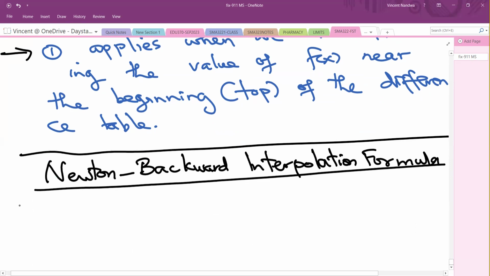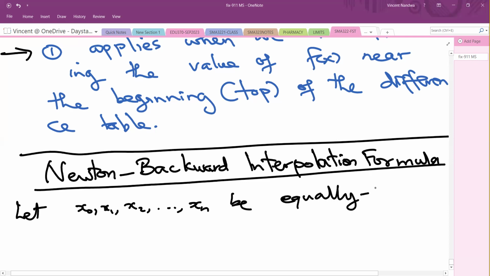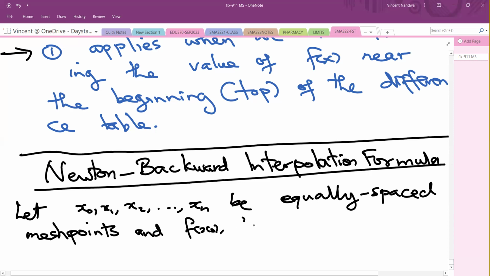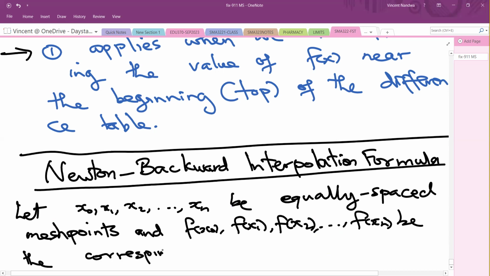Let x naught, x1, x2, up to xn be equally spaced mesh points, and f of x naught, f of x1, f of x2, all the way up to f of xn be the corresponding values of the function y equals f of x.